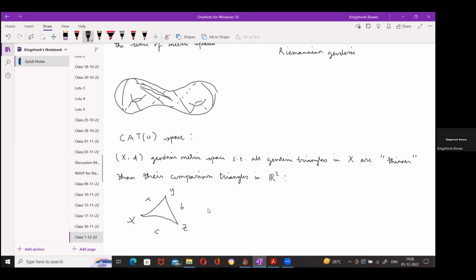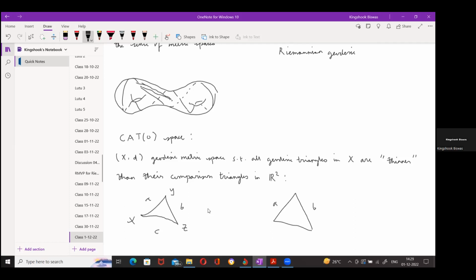From elementary Euclidean geometry, given three non-negative numbers satisfying the triangle inequalities, there exists a unique triangle in R2 with the same lengths a, b, c.